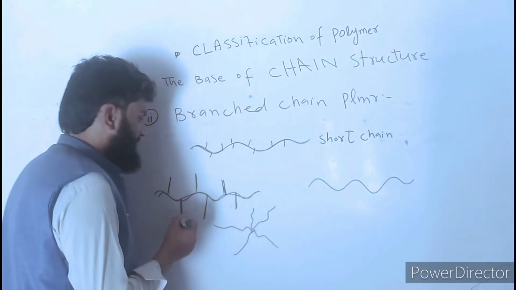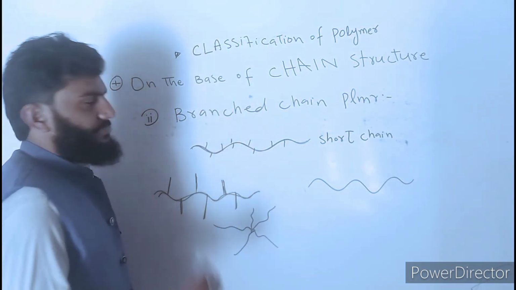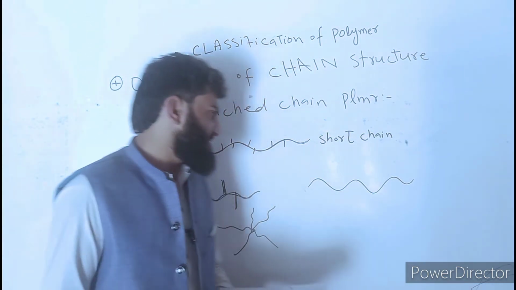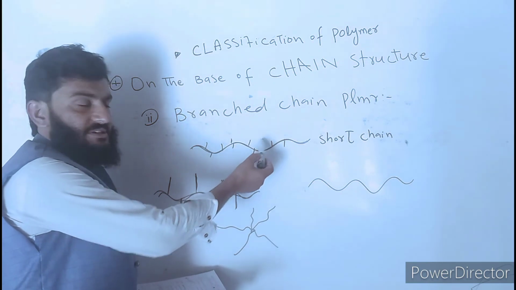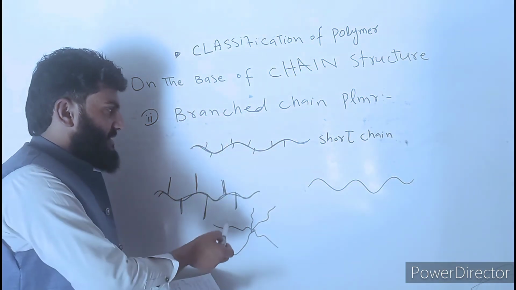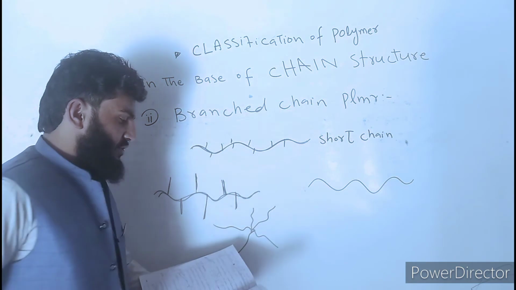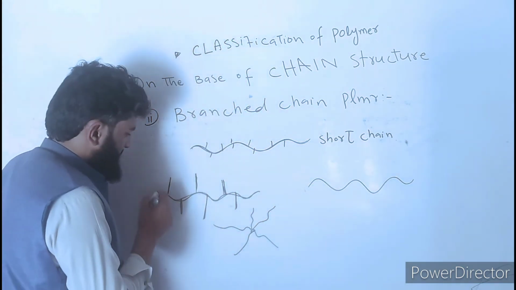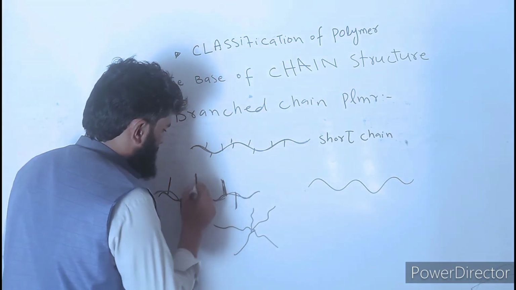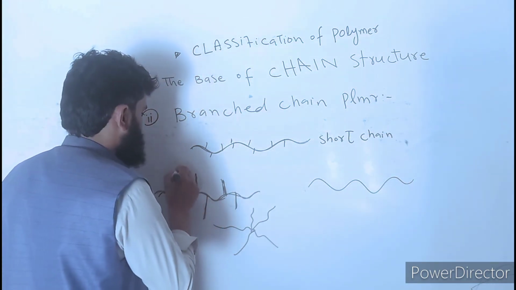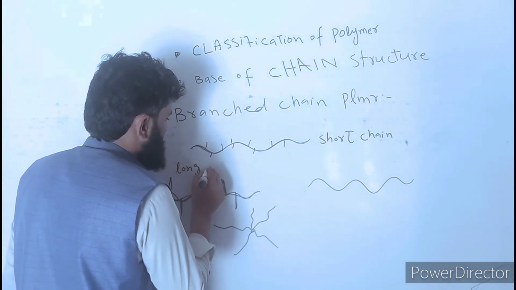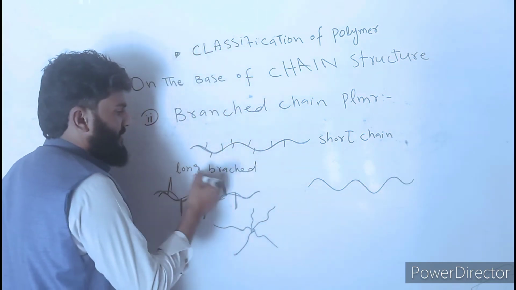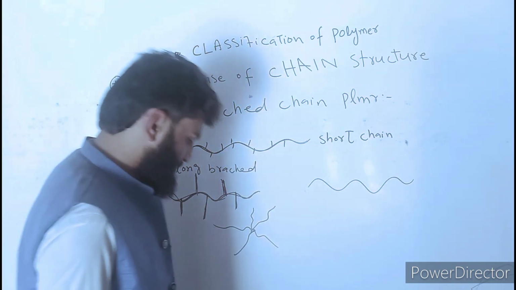Such polymers are also branched in nature, but here the chains are short. But here, this is a main skeleton, while the branch chains are longer. So these are known as long branched chain polymers. Clear?